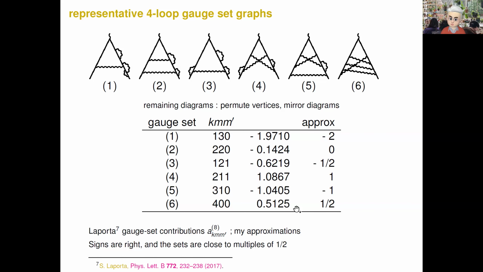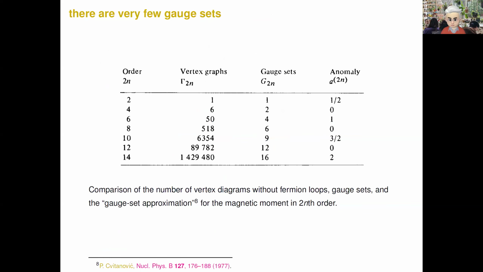Remember, Feynman wanted us to have a good, rough, approximate guess for the thing and then improve it. So this works. And what's the big deal? The number of gauge sets is very small, and they're all supposed to be plus or minus 1/2. The number of vertex diagrams explodes by n double factorial.